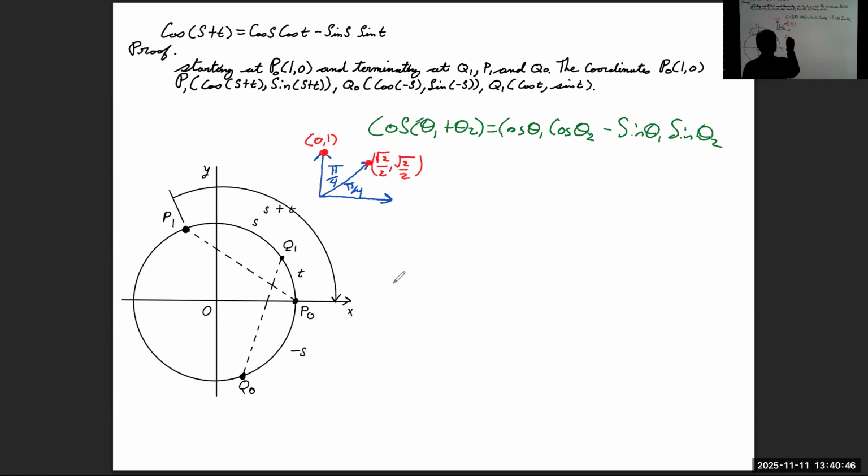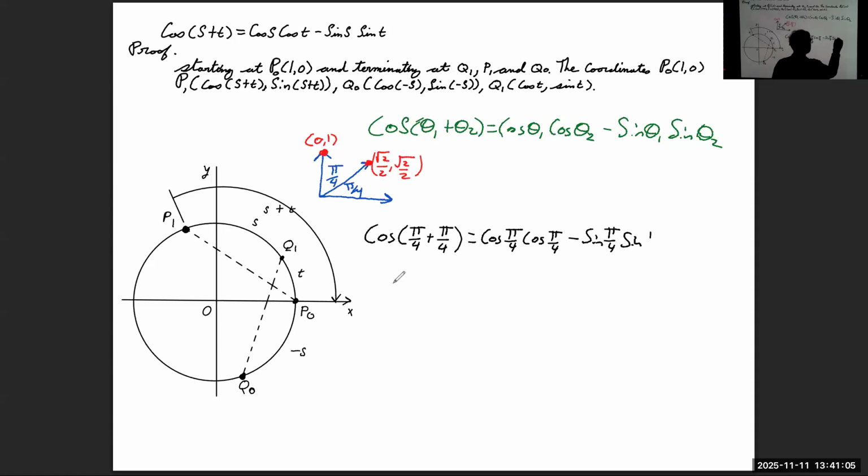What would be the cosine of pi over 4? It's cosine pi over 4, cosine pi over 4, minus the sine of pi over 4, sine of pi over 4. What is the cosine of pi over 4?